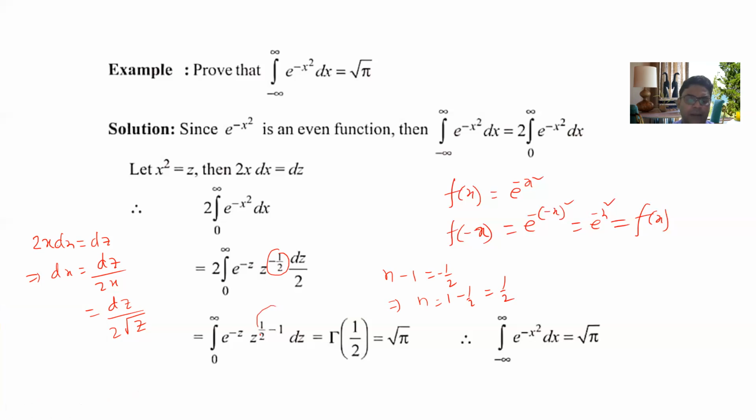That's why I'm writing half minus 1. Clear? So these two cancel. What you have is the integral from 0 to infinity of e to the power minus z, z to the power half minus 1 dz, that is gamma half. What is your gamma half? Gamma half is equal to root pi. Therefore, the integral from minus infinity to infinity of e to the power minus x square dx is equal to root pi.